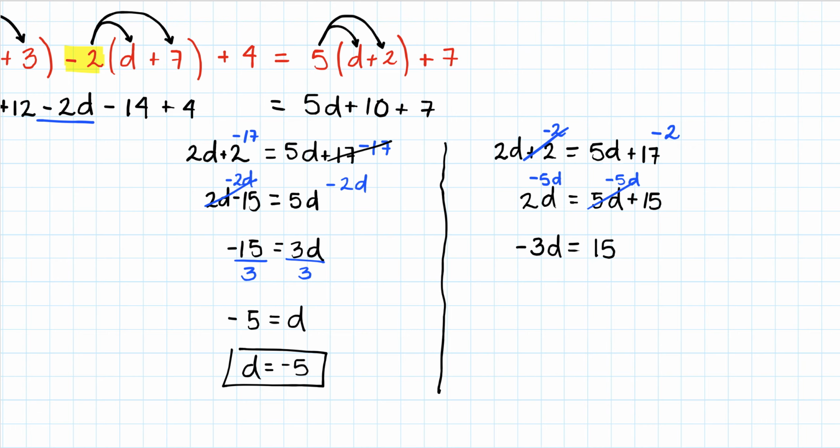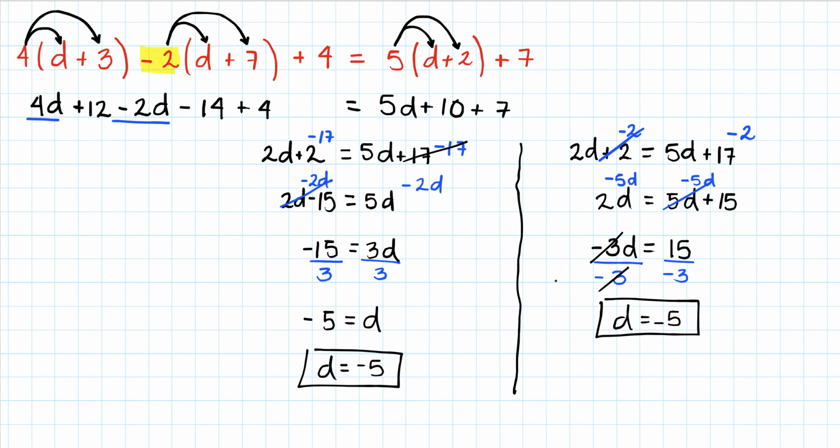Okay, and then I'm going to divide here by negative 3 and divide here by negative 3, and this cancels, so I have d is equal to 15 divided by negative 3, negative 5. There you go. You can see same answer here and here. The only difference is that here I had a negative 3d. So you choose whatever for you is more comfortable. Maybe you choose this one now, but we haven't finished.